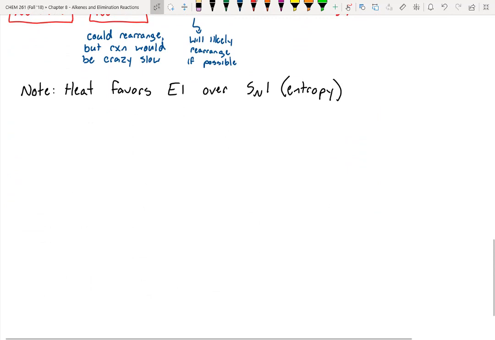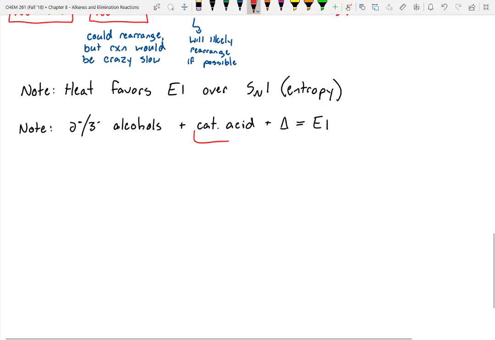All right, the other thing is that secondary or tertiary alcohols plus catalytic acid plus heat will always favor what? E1, kind of like we saw in lab, right?